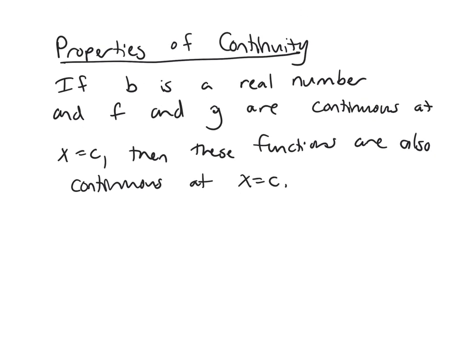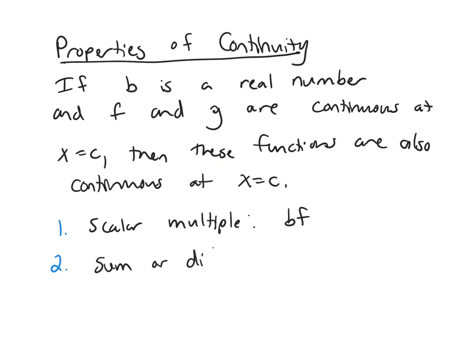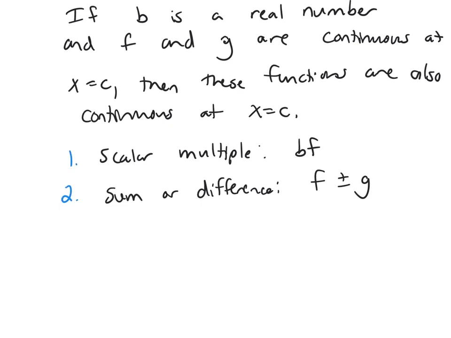So I can take a scalar multiple, b times f. A second one, I can take a sum or a difference. I can add two functions together or subtract them. I can multiply two continuous functions together. It would still be continuous, so you can take a product, f times g.